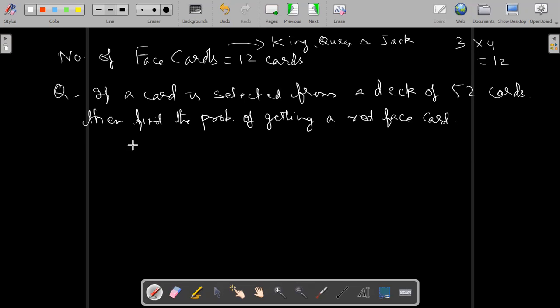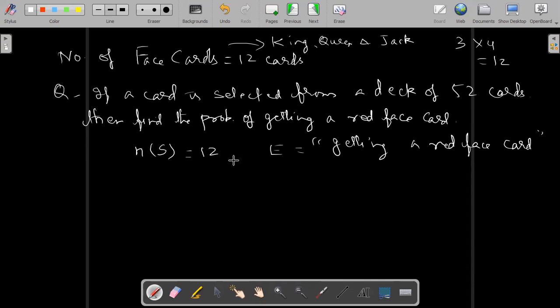So the total number of possible cases, how many face cards are there? 12. So the event is getting a red face card. You should define the event. The number of favorable cases: how many red face cards are there?